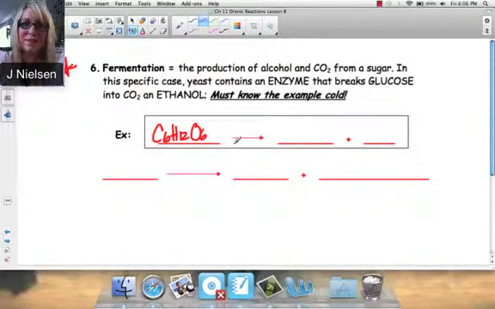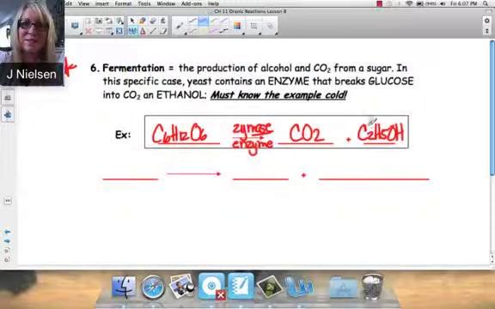This is going to be an enzyme, and that enzyme is called zymase. Z-Y-M-A-S-E. Remember from living environment days, anything that ends in ASE is an enzyme. And that's going to produce CO2 and ethanol, which is C2H5OH. We just did organic naming and writing compounds.